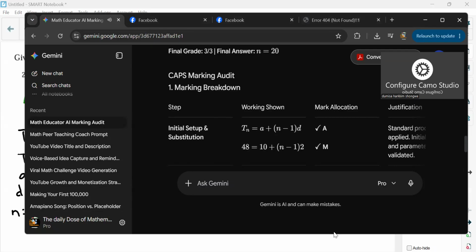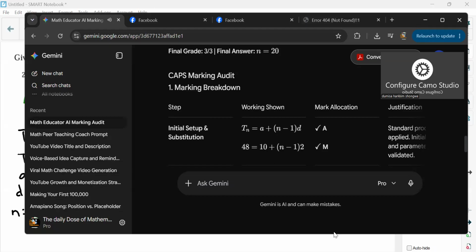You successfully implemented the strict semicolon notation, 10; 12; 14, at the top of your page. However, pay close attention to your middle column. 48 minus 10 equals 38 equals 2n. In formal mathematics, this creates a running equation. Because 48 minus 10 does not mathematically equal 2n in the overall context of the sequence, chaining them with equals signs is technically invalid notation and can cost you a presentation mark in the final NSC exams.